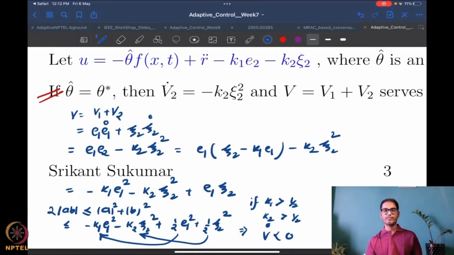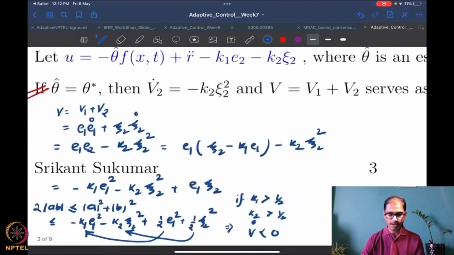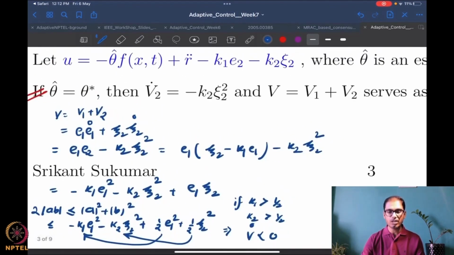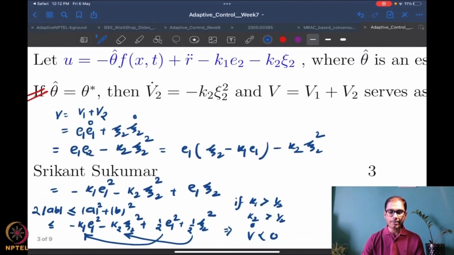Okay, so if both K1 and K2, which are essentially gains of our choice, this is like a control gain that the designer can choose. As long as these K1 and K2 are greater than half, then I'm guaranteed to have V dot be negative definite.